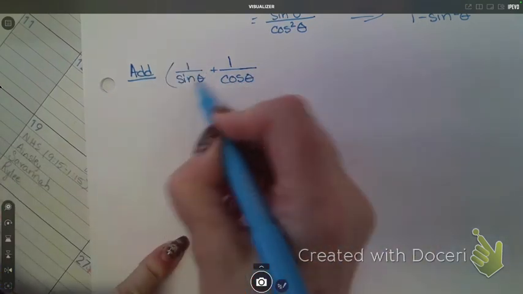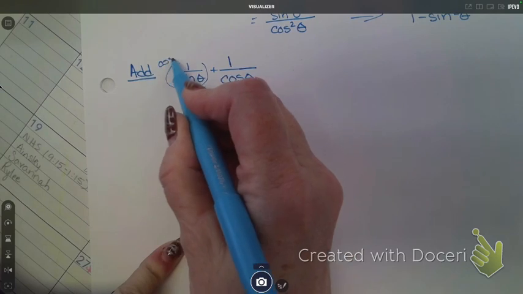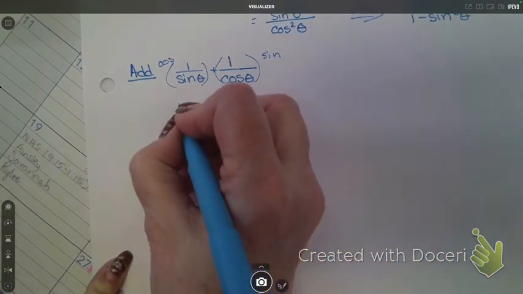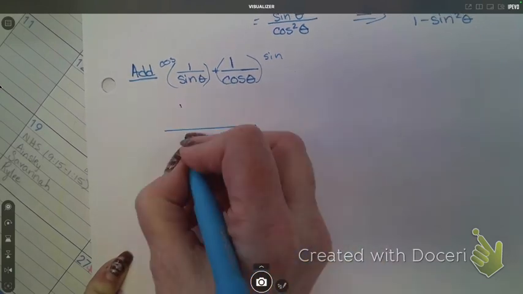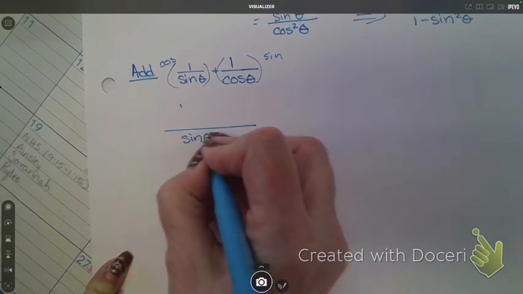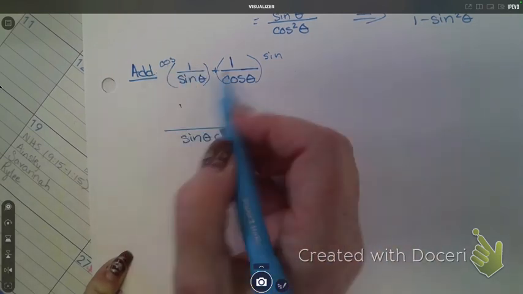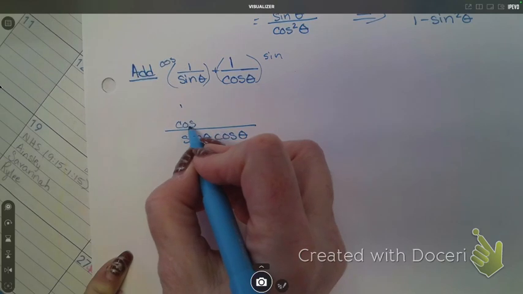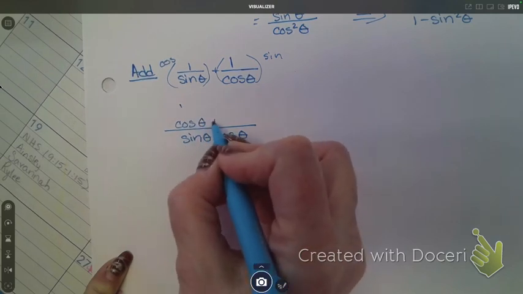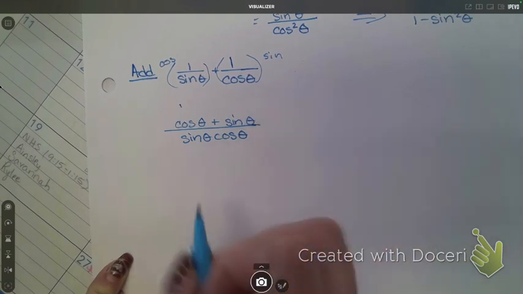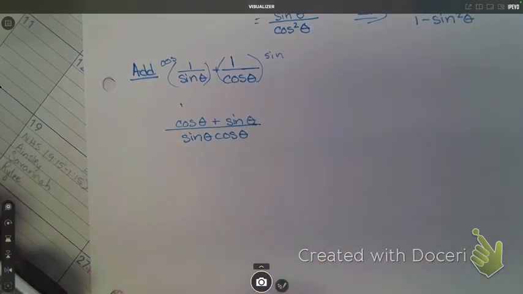So we're going to multiply this by cosine and this by sine. So that gives me my denominator of sine of theta, cosine theta, right? And my numerator is just cosine theta plus sine theta. Now, it looks funny, but is that what the math would tell me to do?